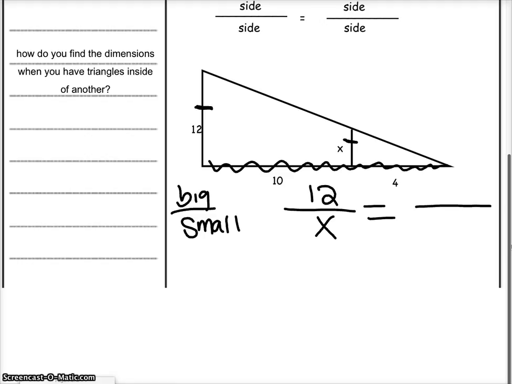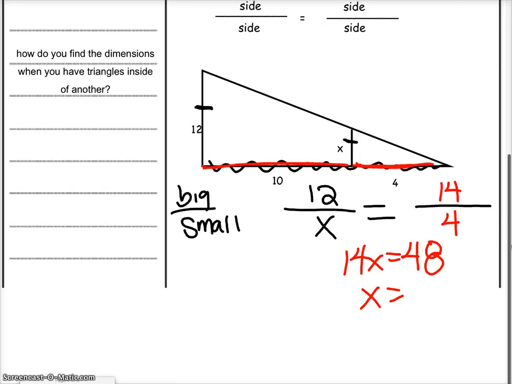The most common mistake is 10. And 10 is only right here. That's not the whole shape. It goes the 10 plus the 4 for a total of 14. There's the 4. As the big bottom is to the little bottom. And then you solve. 14x equals 48. x equals something. My calculator's way over here. 48 divided by 14 is 3.4.